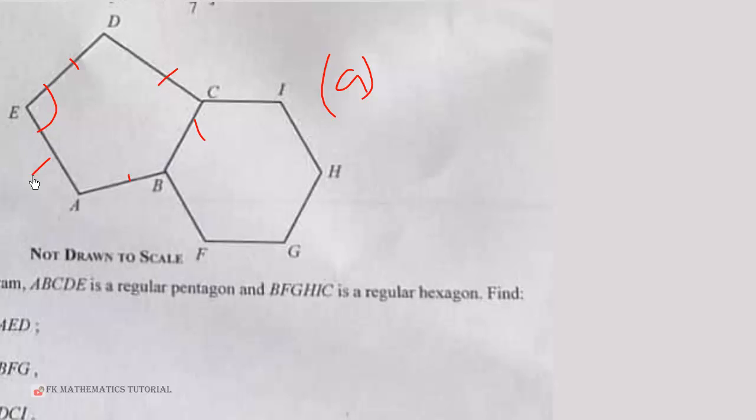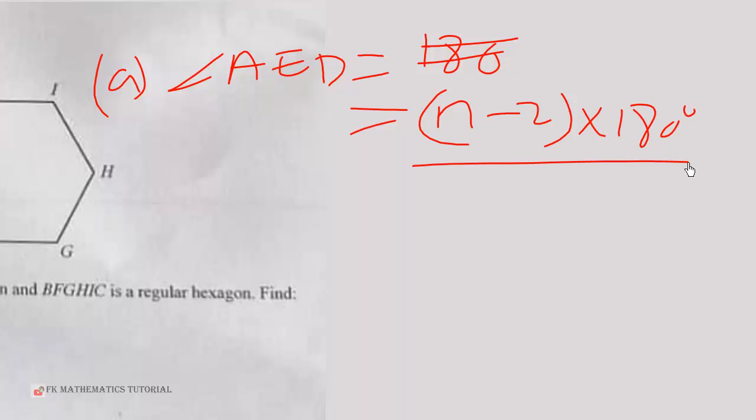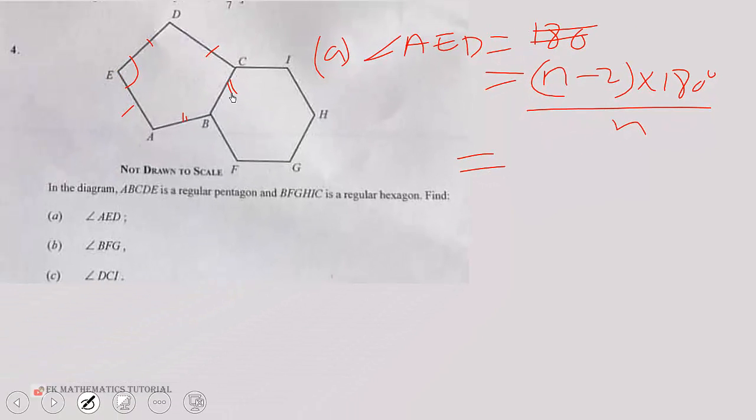You know the interior angle of a pentagon. Let me do it the way you're familiar with: (n minus 2) times 180 degrees over n. The n here is 5.